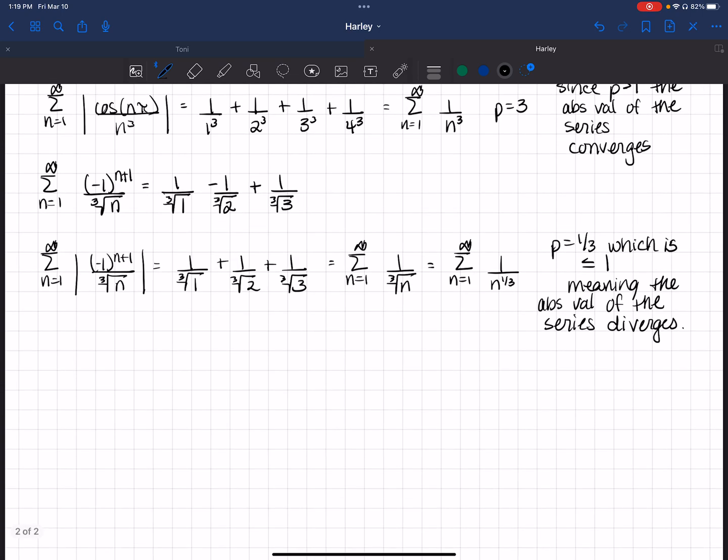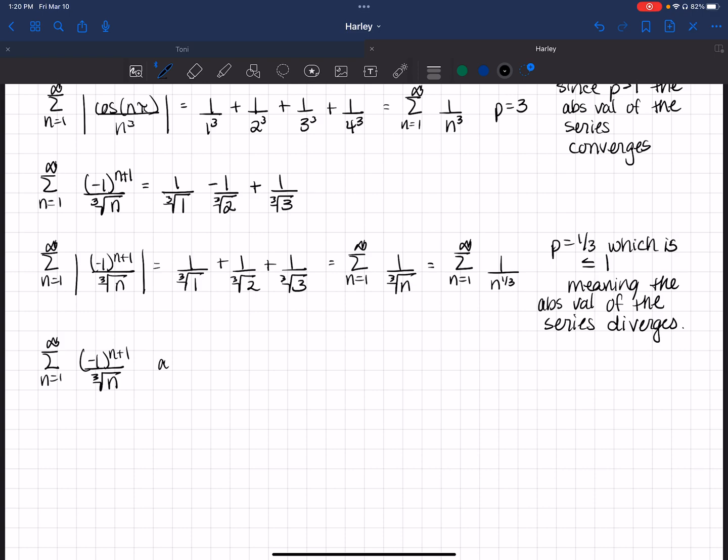So in order to see if it's conditionally convergent, we need to actually determine if the series itself is convergent. Well, what was the series itself? The series itself was n equals 1 to infinity of -1 to the n plus 1 over the cube root of n. This is an alternating series, so we can use the alternating series test.